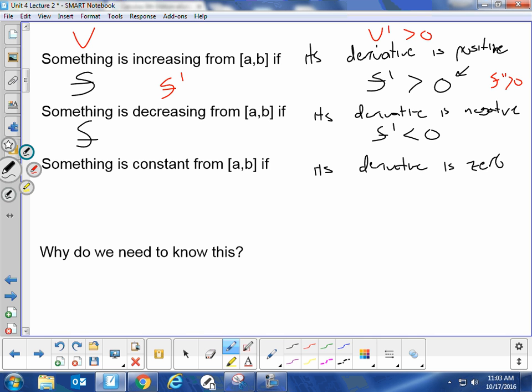Why do we need to know this? Understanding the signs of derivatives will help us understand where we have a relative extrema, whether critical points are going to be maxes, mins, or neither. Helps us denote critical points as maxes or mins.